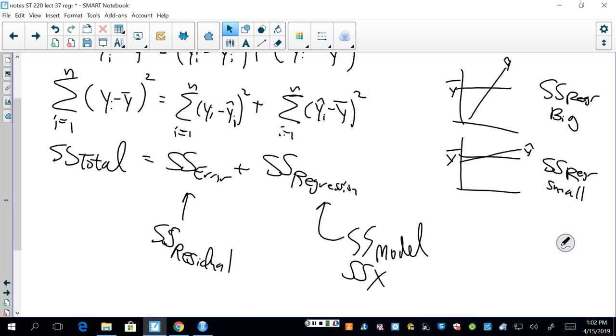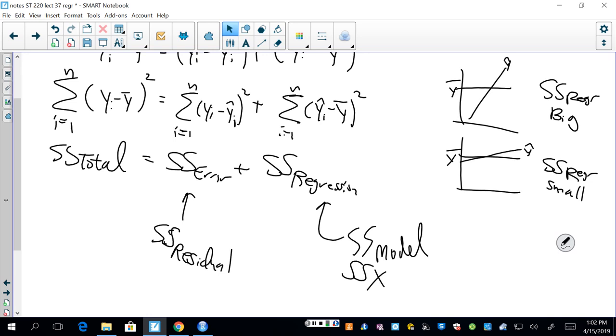So it's a trade-off between these two things. If you want a steep slope, either going up or down, so that x makes a big difference in y, you get a big sum of squares regression. And if the points are then spread really tightly around that, this is small, but they could also be kind of diffuse.